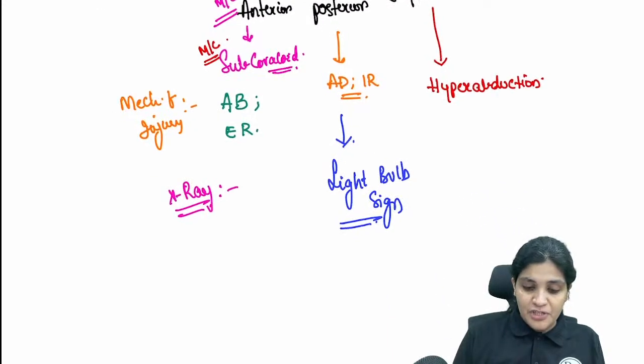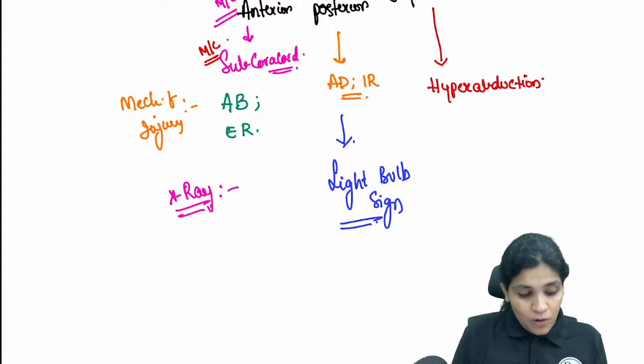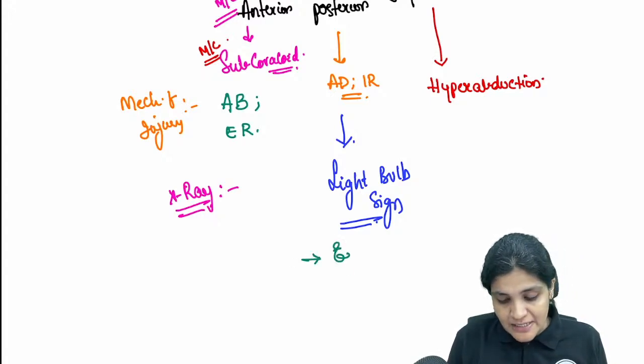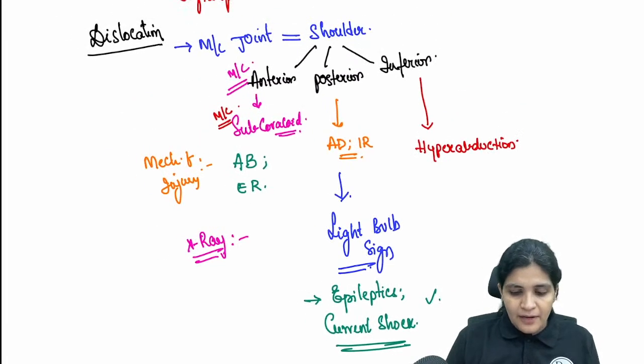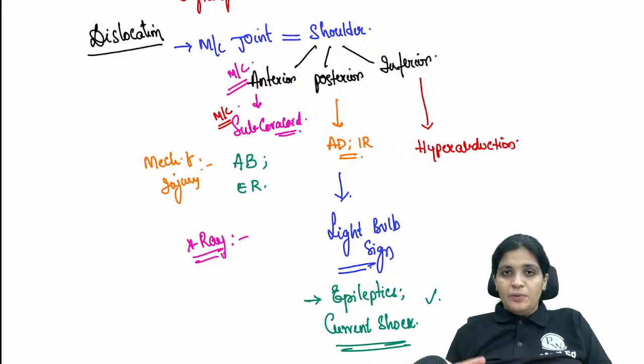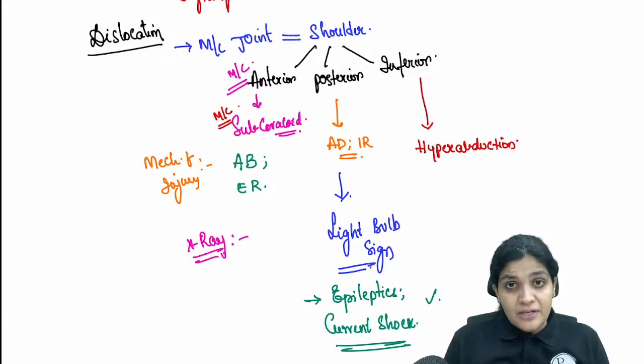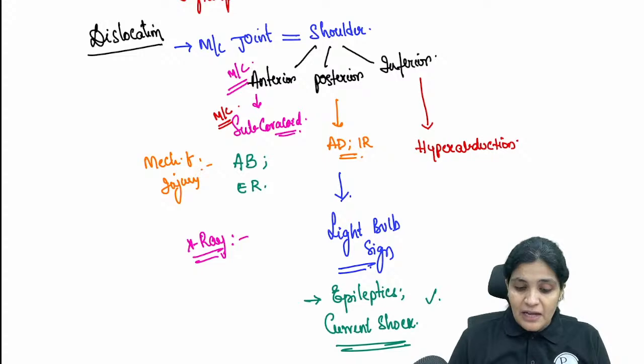That is especially for the posterior dislocation. And what you have to remember is this is usually seen in patients with epilepsy and electric shock, right? So in those patients we will suspect the posterior dislocation, right?